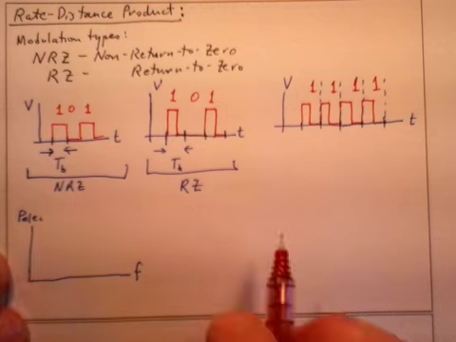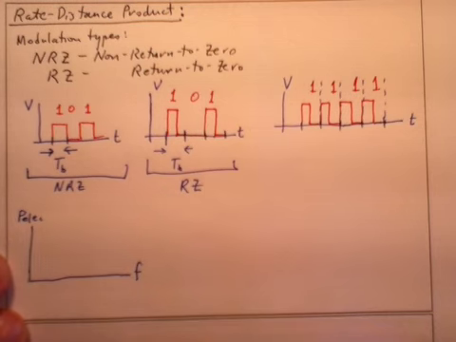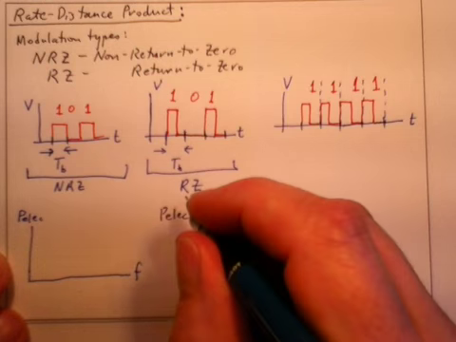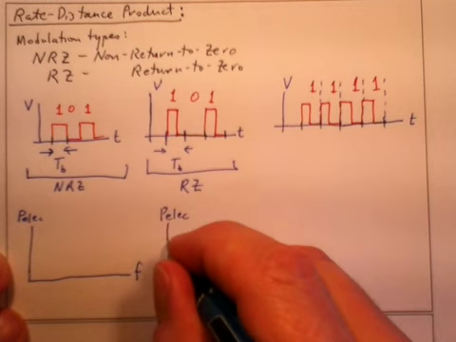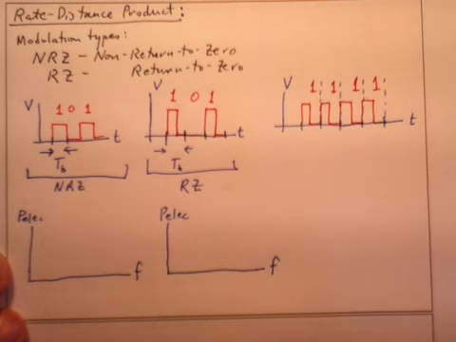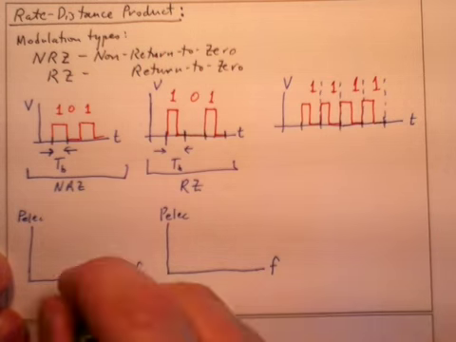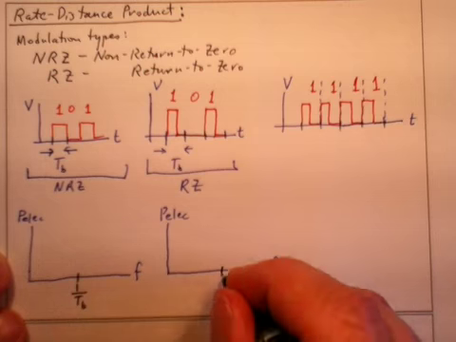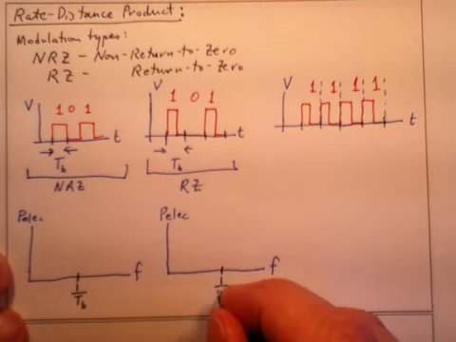I'm going to make one for the NRZ case and one for the RZ case. And in each one, I'm going to write 1 over the bit period as the baseline frequency that I'm going to look at.